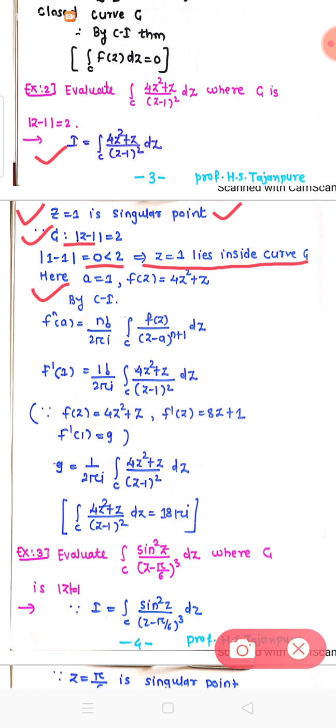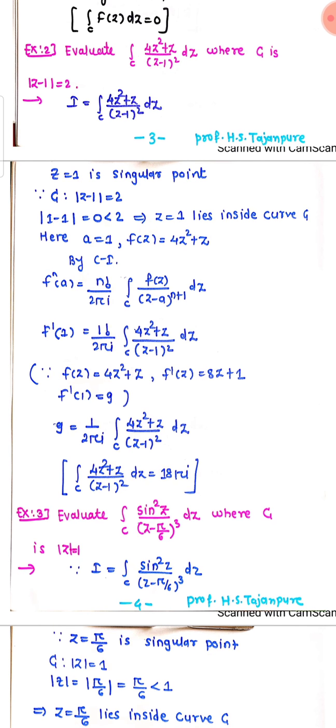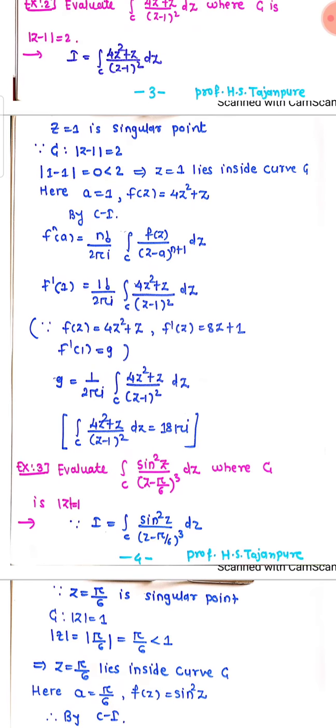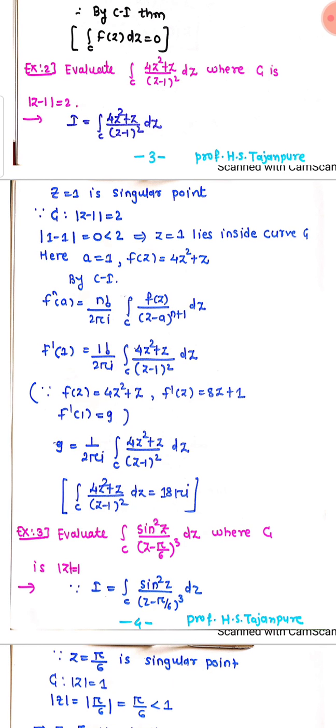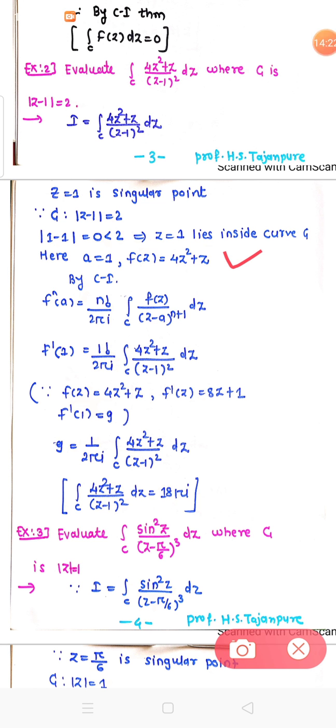Now again in a similar way, the function is not defined on the curve because of the point z equal to 1, that is, because of the denominator term. So we neglect the denominator term z minus 1 bracket square, and the remaining part of the function we consider as f of z.